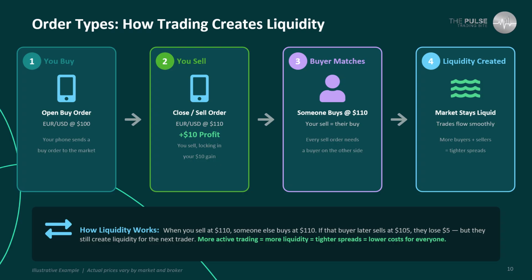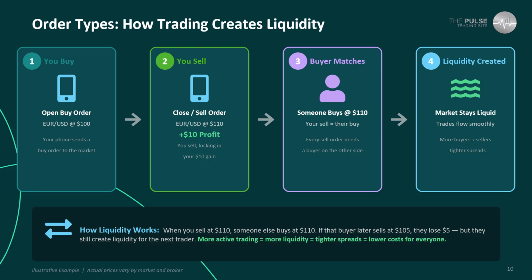When you close the position, that means you bought something and now you are selling it. When you sell it for $110, you make a profit of $10. When you sell it to somebody, your sell becomes a buy for someone.